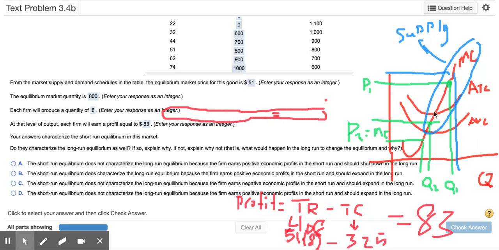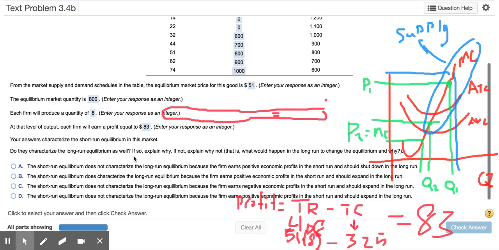We will settle down at this point. If it's actually below average total and above average variable cost, this company will be making losses, so the price will go up. So the only equilibrium price is where marginal cost and the price is equal to the minimum average total cost.